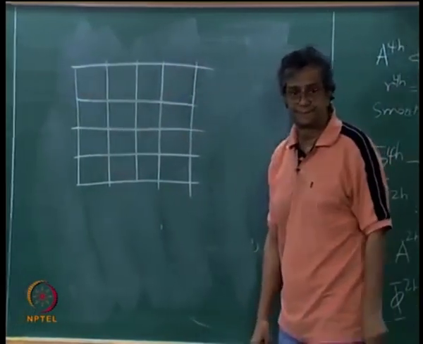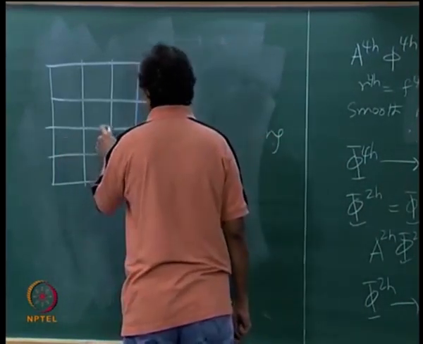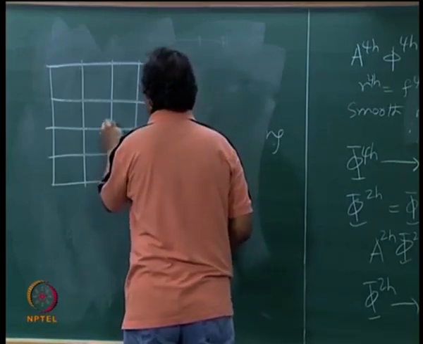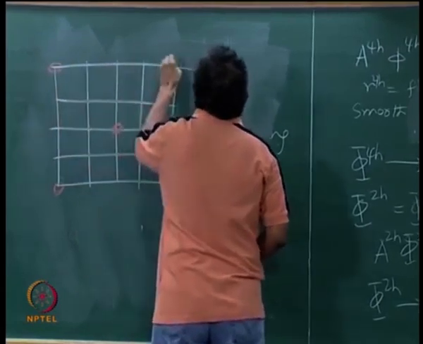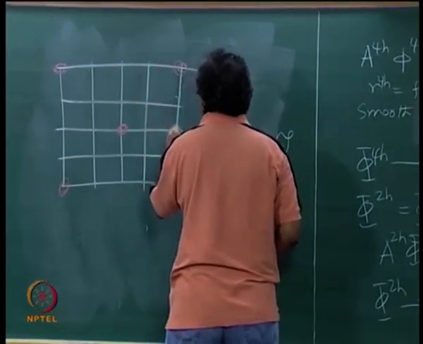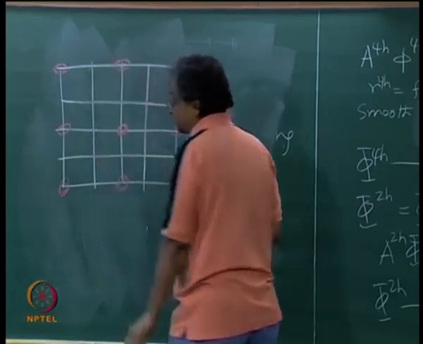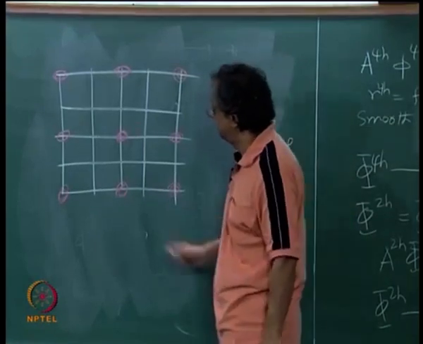There we go, okay. So what you have done is, this is the coarse grid. That is the coarse grid. I am doing standard coarsening.